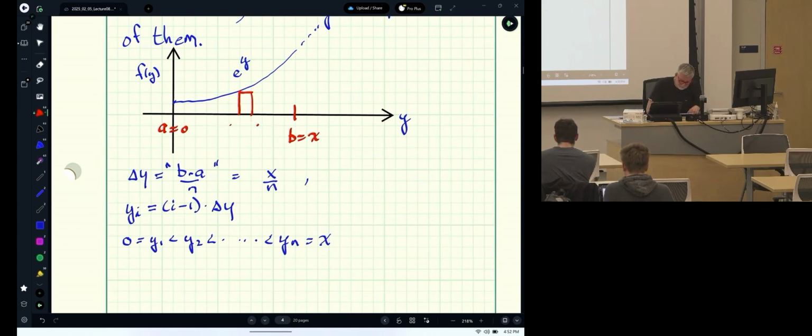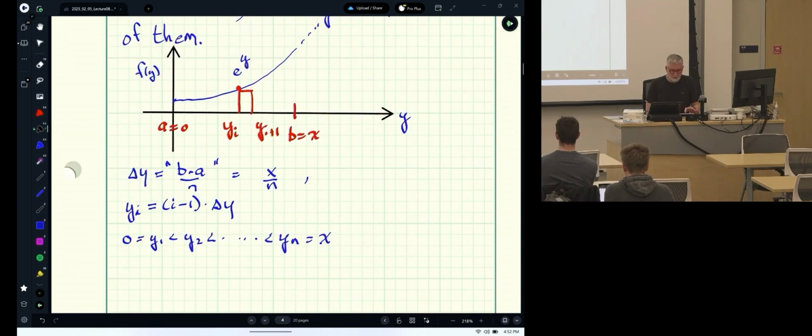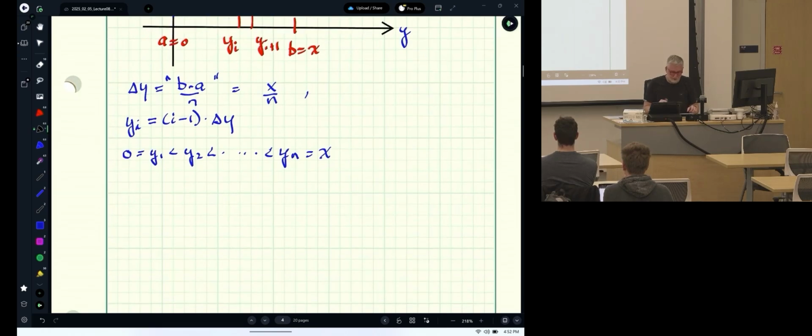Those are y's. yi plus 1. All seems maddeningly familiar how to set up the problem, right? So if you're faced with it like you are in your homework, yes, this is how we set things up.